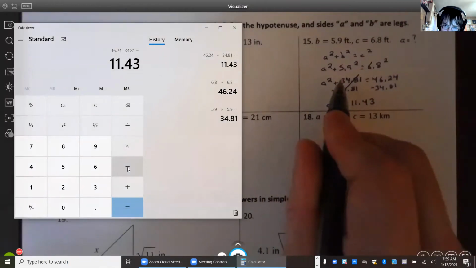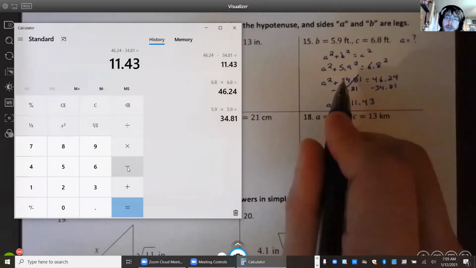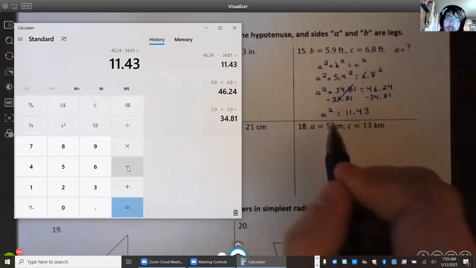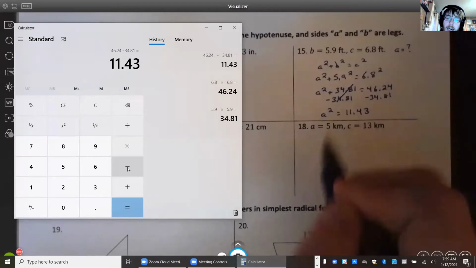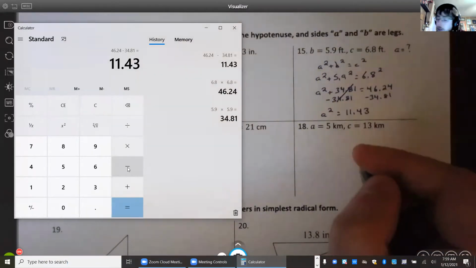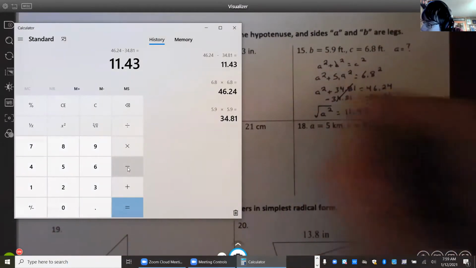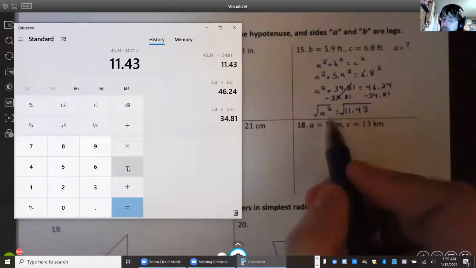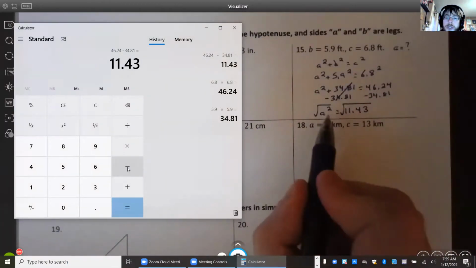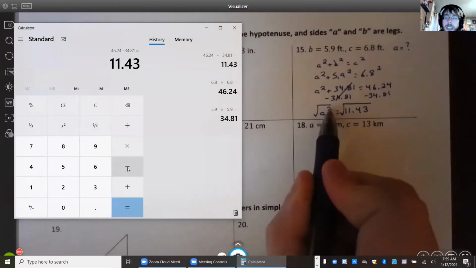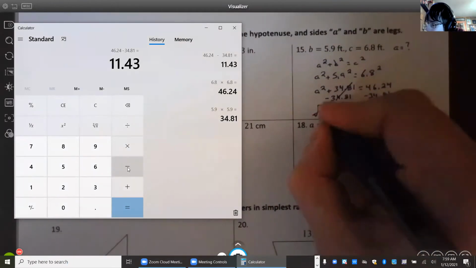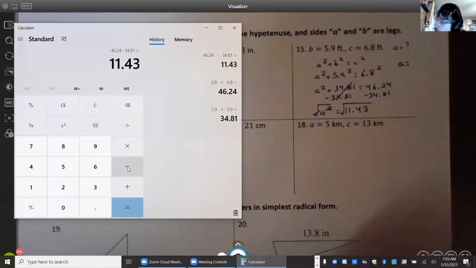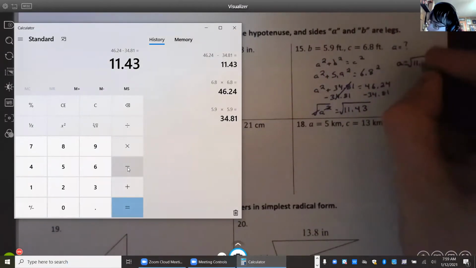Just like when we subtracted 34.81, we need to do the opposite operation of a square, and the opposite operation of a square is a square root. Again, what you do to one side, you do to the other. So the square root and the squared cancel on the left side, and that leaves us with A equals the square root of 11.43.